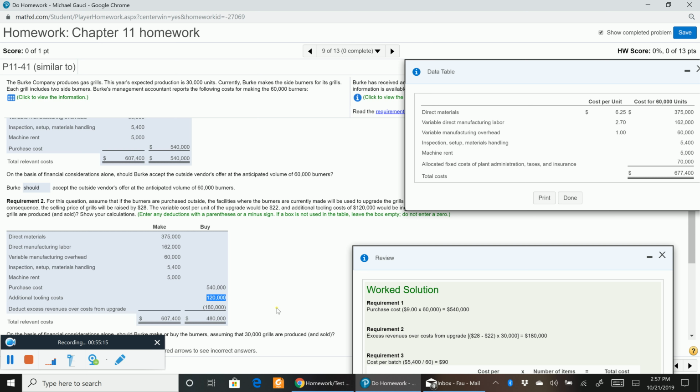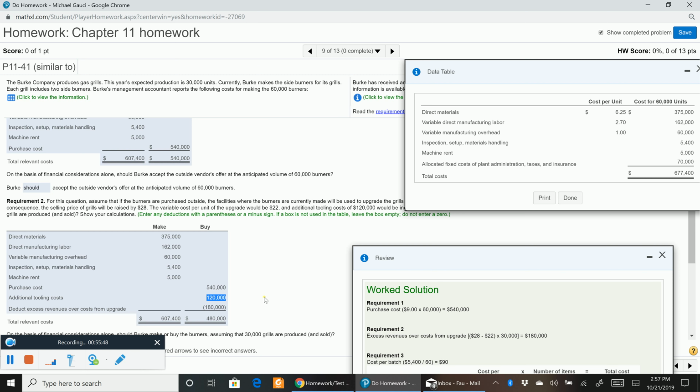All right, so buying elsewhere, yeah, we would still have smaller relevant costs than making it internally. So once again, it makes sense to buy the burners outright. We can use that extra capacity in our warehouse, is basically what we're discussing here, to do the rotisserie attachments. And if we do that, yes, we'd have additional tooling costs, but we would also have some extra revenues.